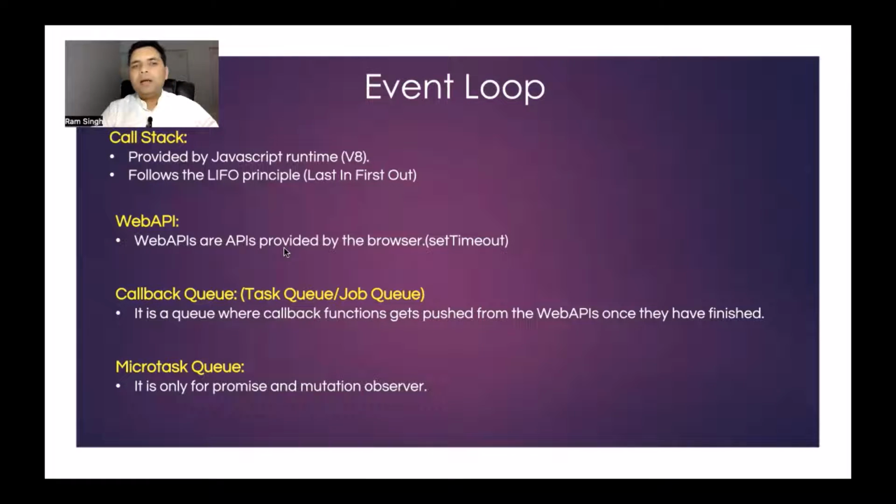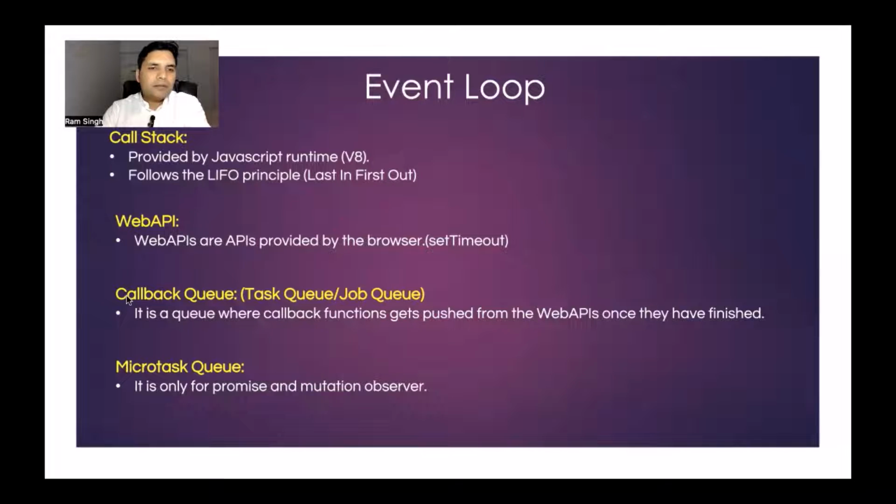Web APIs are APIs provided by the browser, and we have many APIs like setTimeout, fetch API, and DOM API, and we have geolocation API plus local storage, session storage, and many other APIs as well. All these APIs work in an asynchronous way. And when I explain how setTimeout works, I'll go deeper into the role of the web API at the execution level.